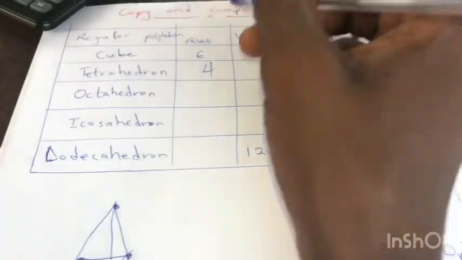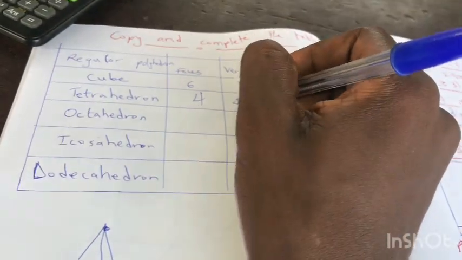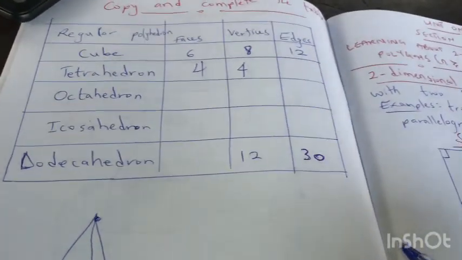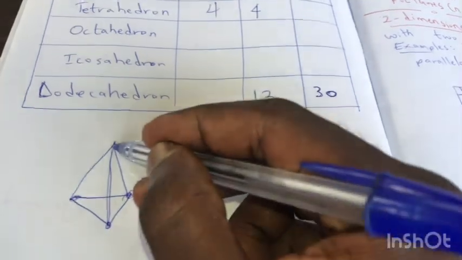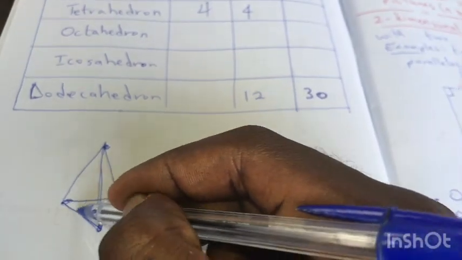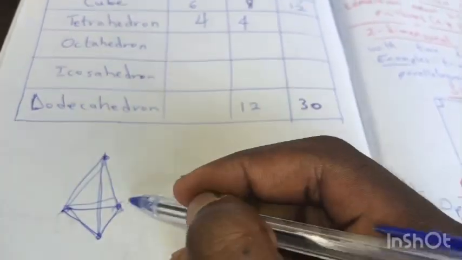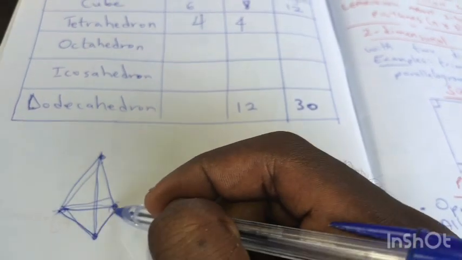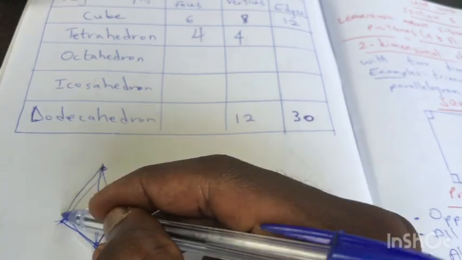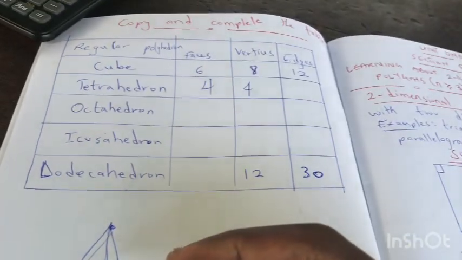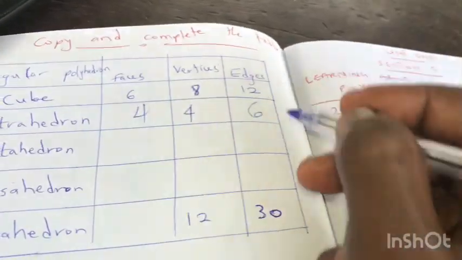That's the corners. So 4 vertices as well. Then how many edges? 1, 2, 3, 4, 5, 6. Okay, this triangle is 3: 1, 2, 3. Then this part is 1, 2, 3. So how many edges does it have? It also has 6 edges.